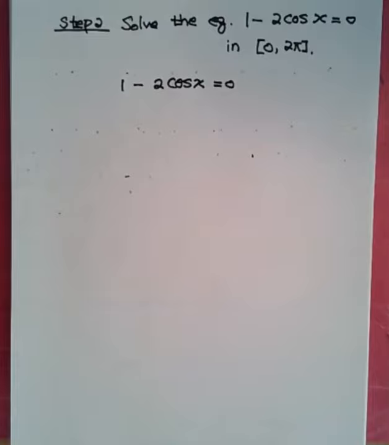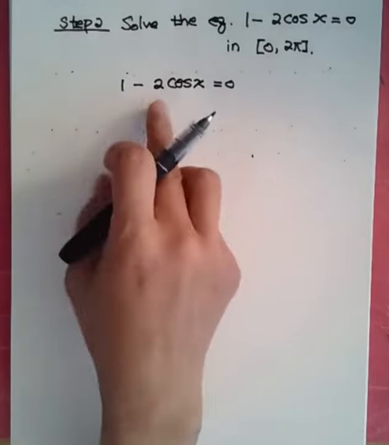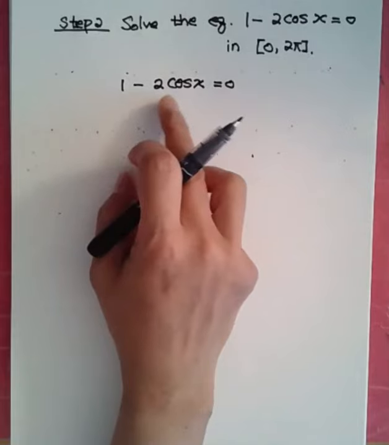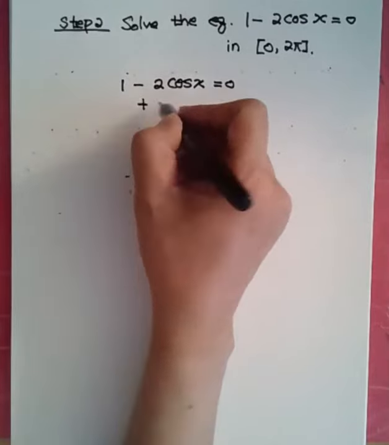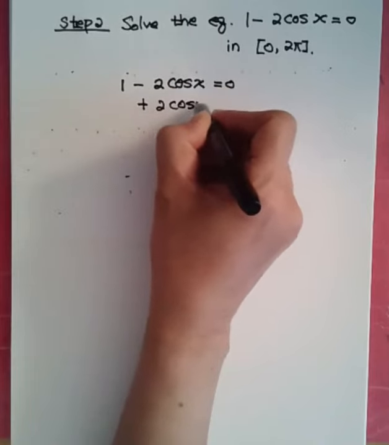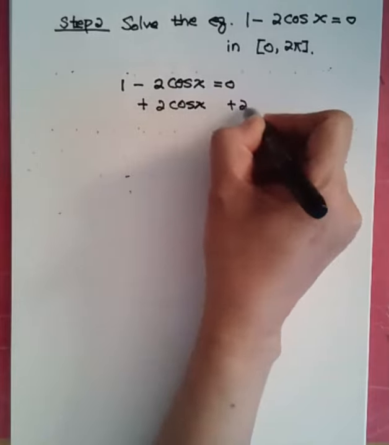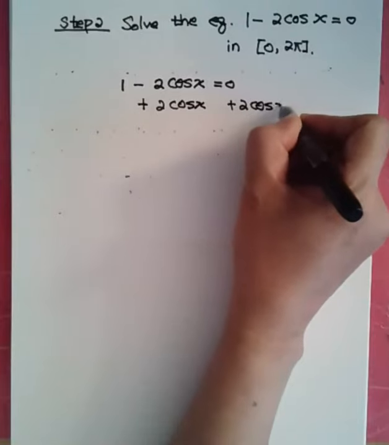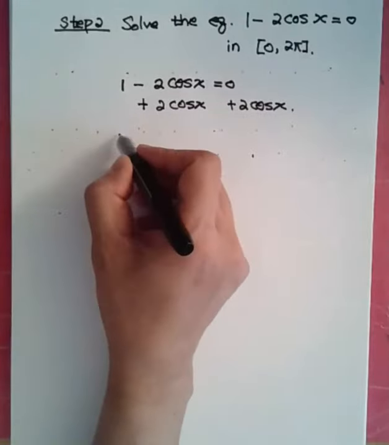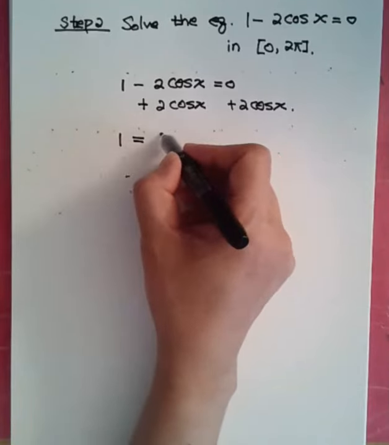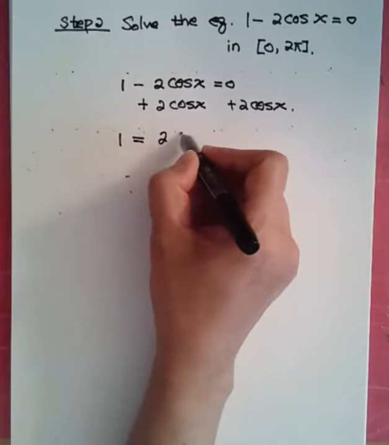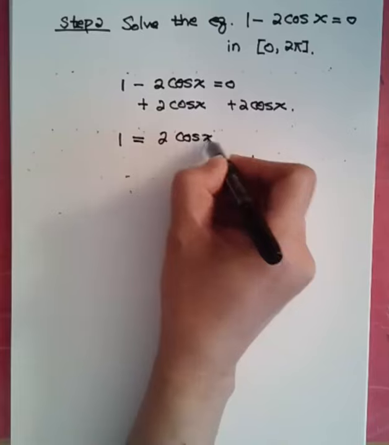Firstly, we will solve for cosine of x. So let's move 2 cosine of x to the right by adding 2 cosine of x on both sides. Then on the left side, we have 1, and on the right side, we have 2 cosine of x.